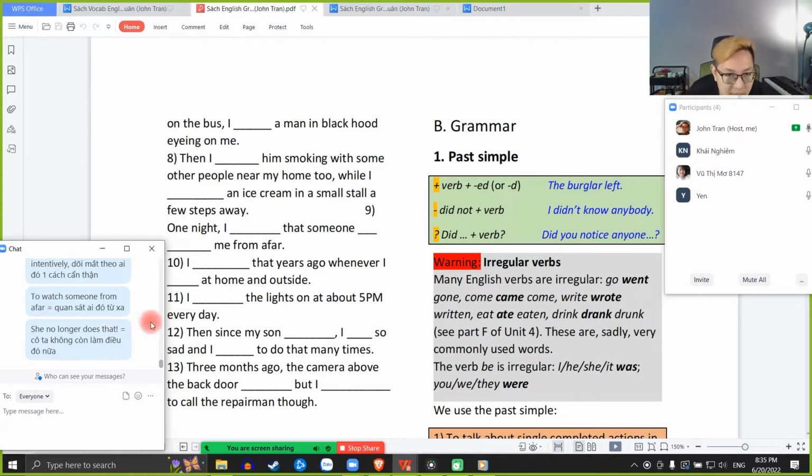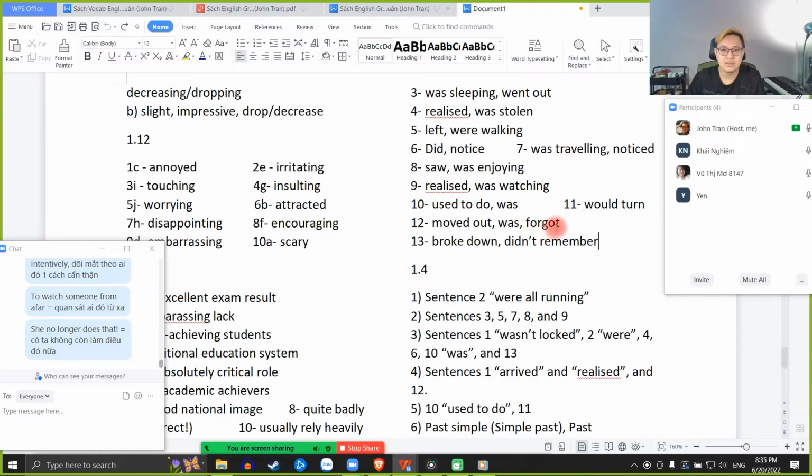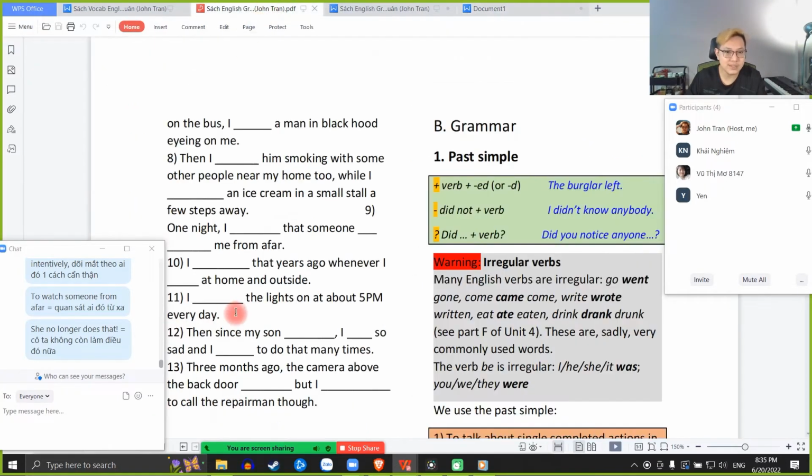Number 11: I would turn the lights on at about 5 p.m. every day.